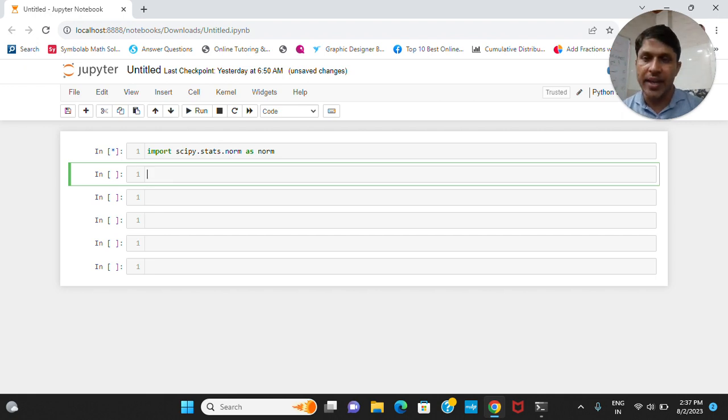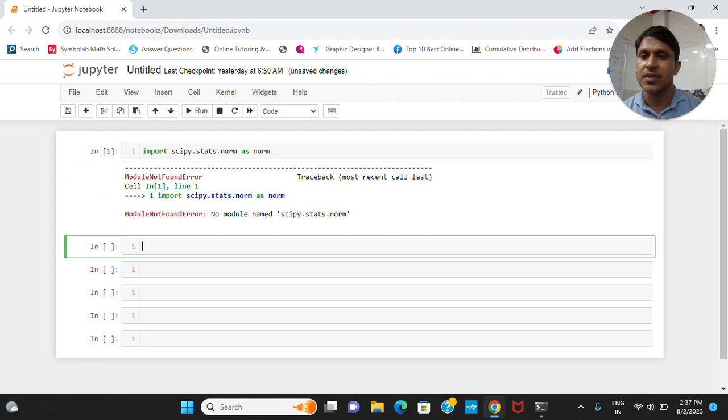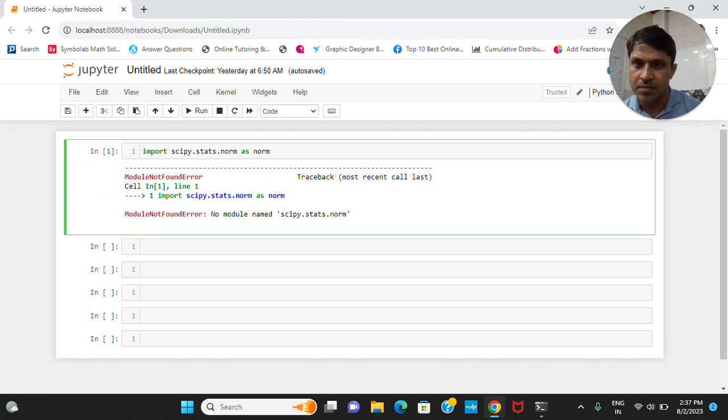While it is running, I can type something in the code: scipy.stats.norm. It says there is nothing like that here. One moment.